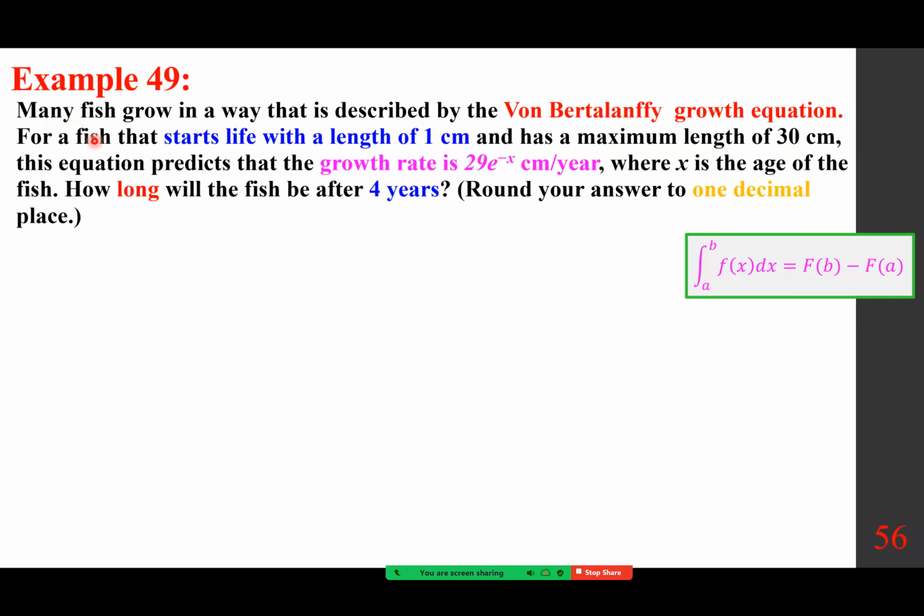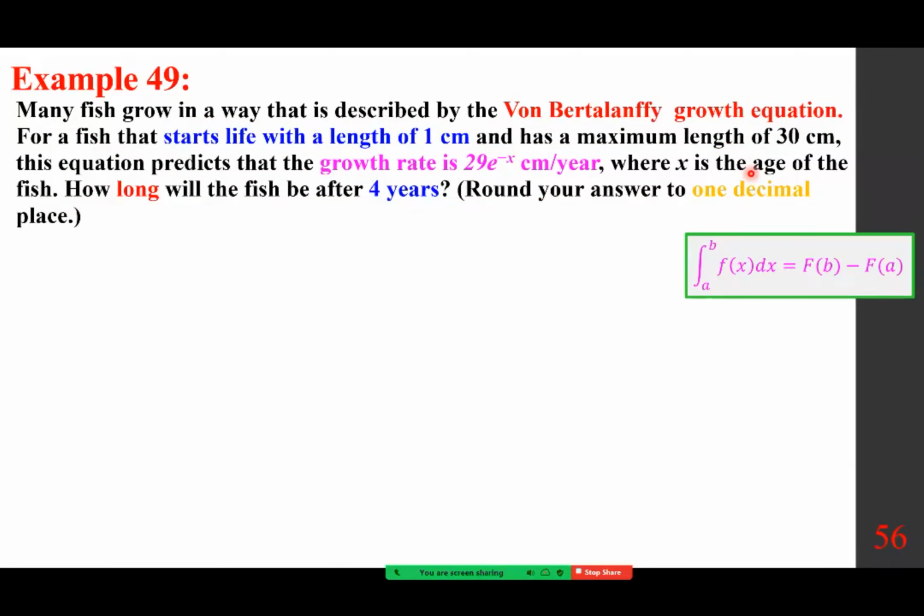Many fish grow in a way that is described by the von Bertalanffy growth equation. For a fish that starts life with a length of 1 centimeter, it has a maximum length of 30 centimeters. This equation predicts the growth rate is 29 e to the negative x squared centimeters per year, where x is the age of the fish. How long will the fish be after 4 years? Round your answer to one decimal place.